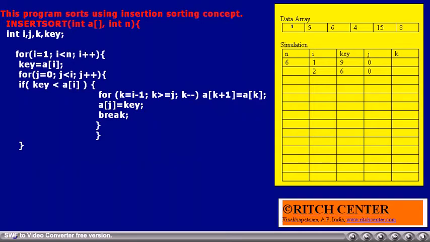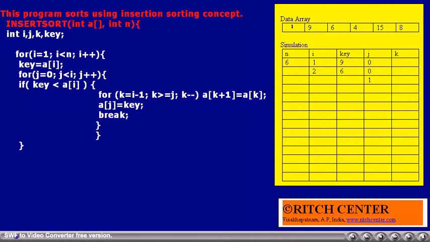J value is 0. A of j is 1. Is key less than a of j, 1? No. Thus the control goes to the next iteration of this for loop.